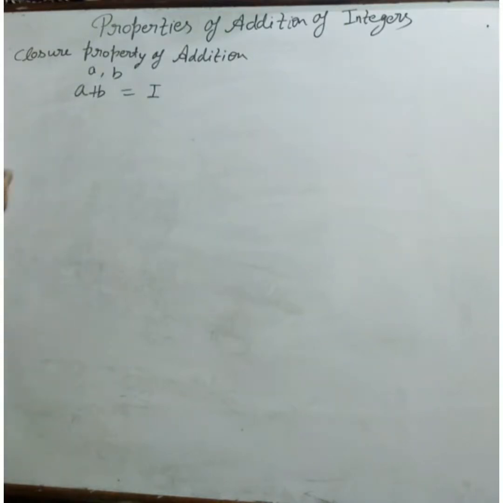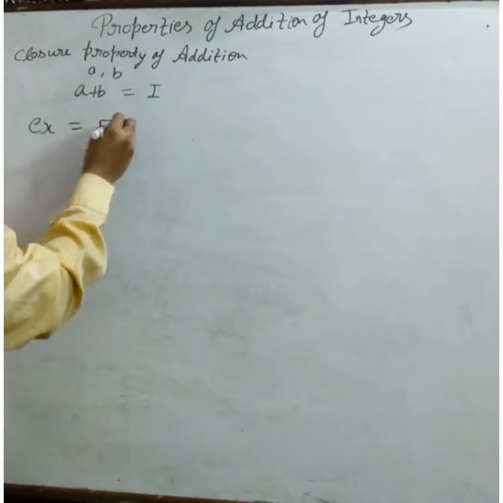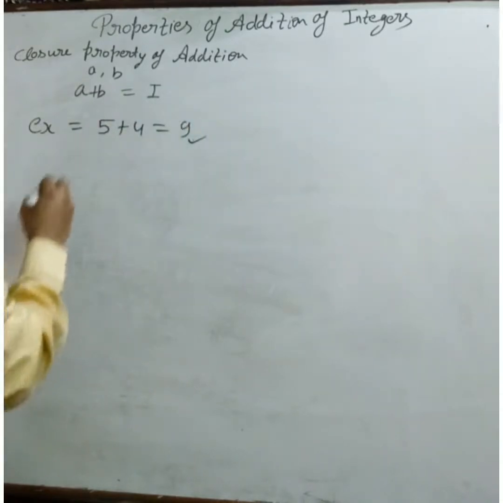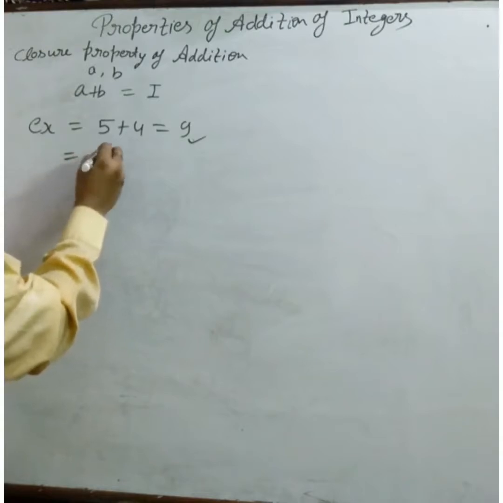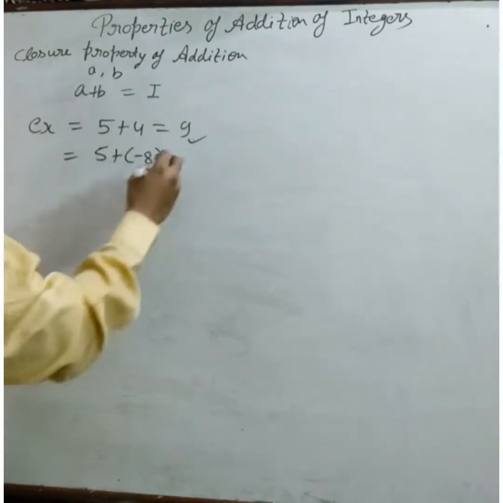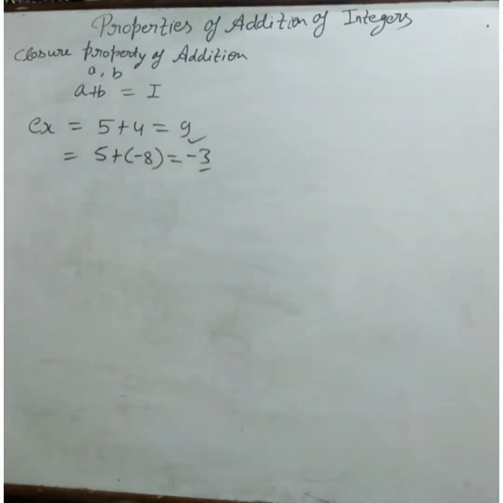For example, 5 plus 4 is 9, which is an integer. 5 plus -8 is equal to -3, which is also an integer.